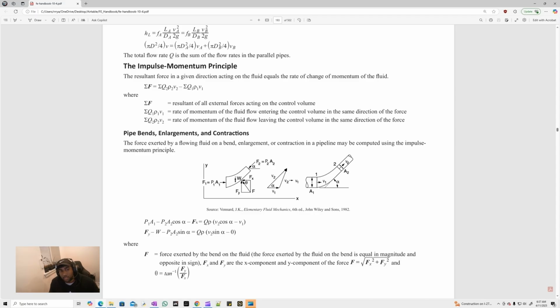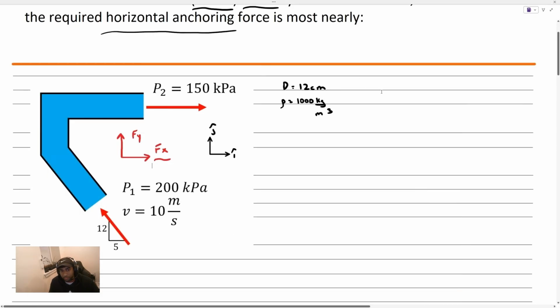You can see that the momentum flux with the 2's, the product of the volumetric flow rate, the density and speed, if they're leaving the control volume, it's a positive sign, versus if they're entering the control volume, it's a negative sign. This is great because it relates speeds and forces. Let's go back to our problem, and let's paste this. Okay, so this is our equation here.